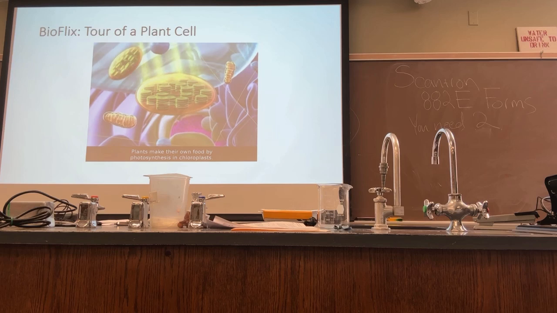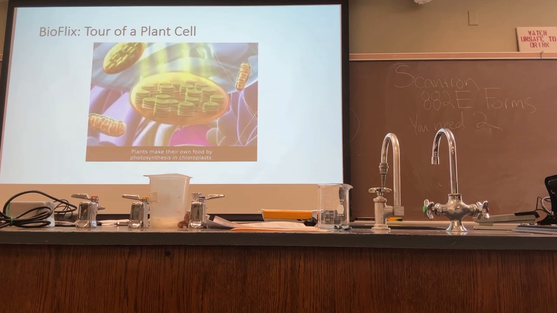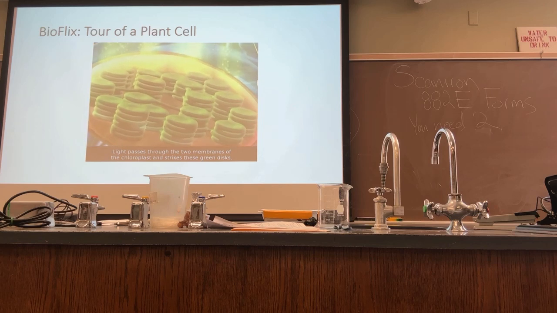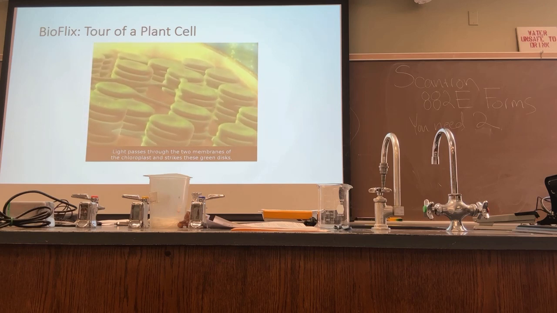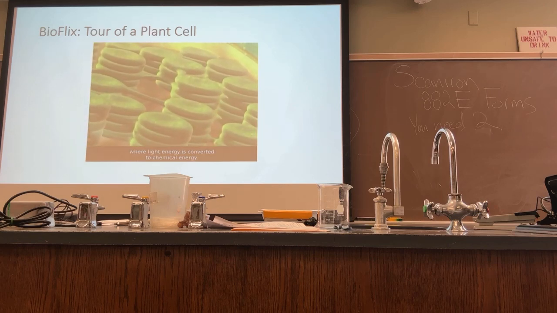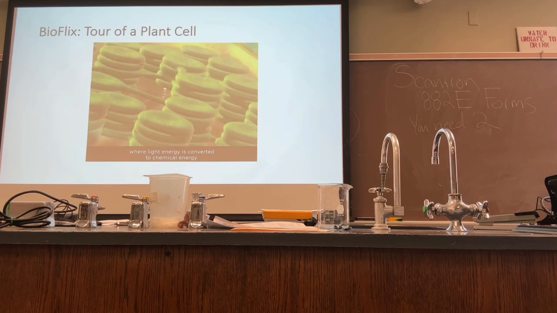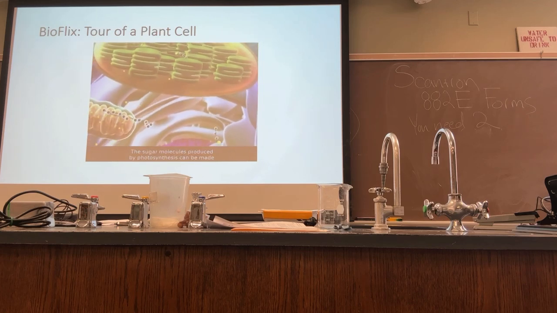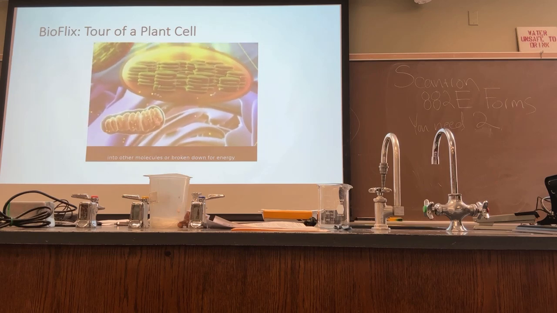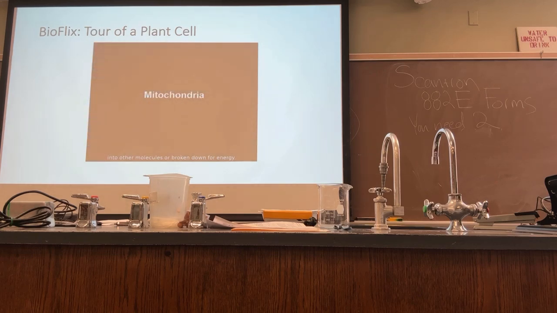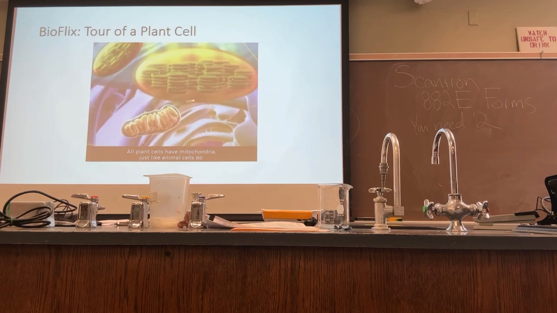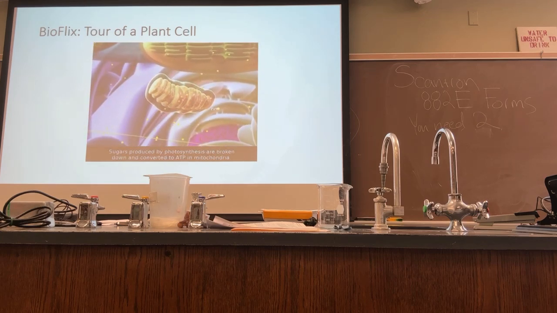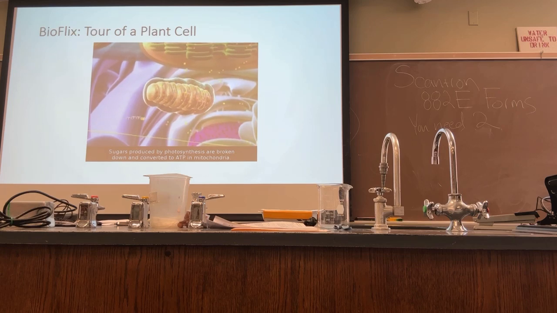Plants make their own food by photosynthesis in chloroplasts. Light passes through the two membranes of the chloroplast and strikes these green discs, where light energy is converted to chemical energy. The sugar molecules produced by photosynthesis can be made into other molecules or broken down for energy. When sugars produced by photosynthesis are broken down, their energy is used to make ATP in mitochondria.